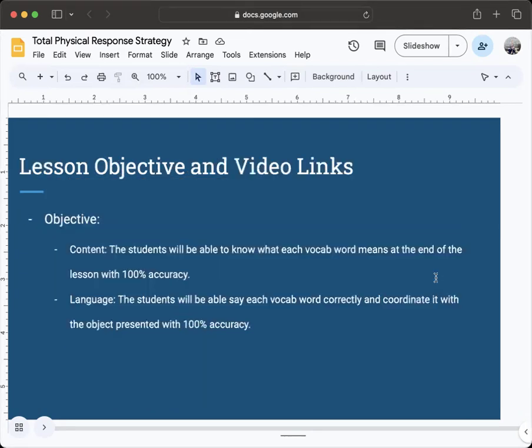The lesson objective is for the students to be able to know what each vocabulary word means at the end of the lesson with 100% accuracy, since after we go through each vocabulary word, we're going to talk about what each one means.